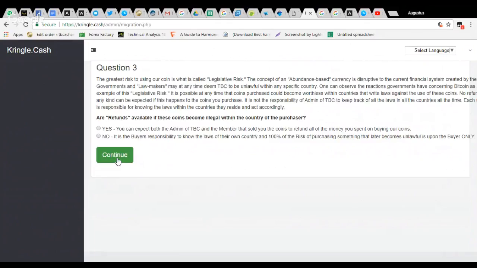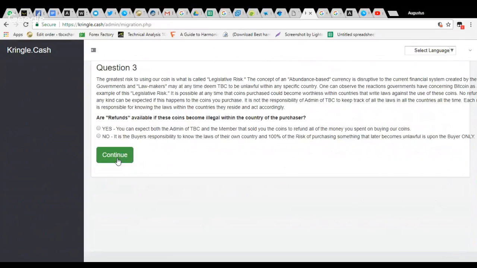It is possible at any time that coins purchased could become worthless within countries that write laws against the use of these coins. No return of any kind can be expected if this happens to the coins you purchased.